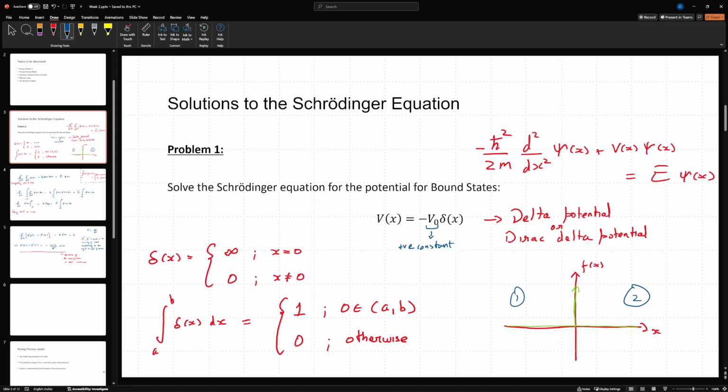Like region 2 is almost exactly that one point at 0. This is region 3. And the Dirac delta function is 0 everywhere else. So the potential is 0 in regions 1 and 3.